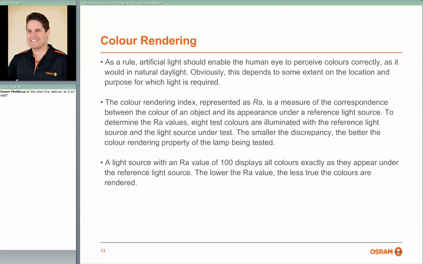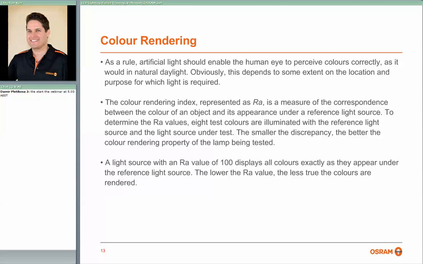So a certain light source may have a certain emphasis on the red end of the spectrum, another light source may have more on the UV side of the spectrum. So effectively the color rendering, which is also represented as RA, is a measure of the correspondence between the color of an object and its appearance under a reference light source.